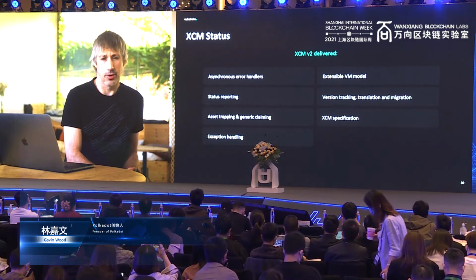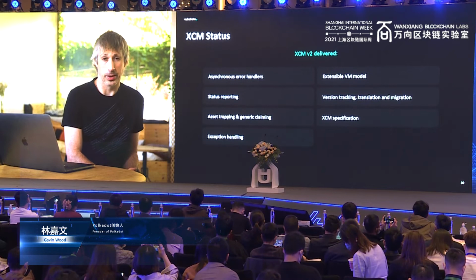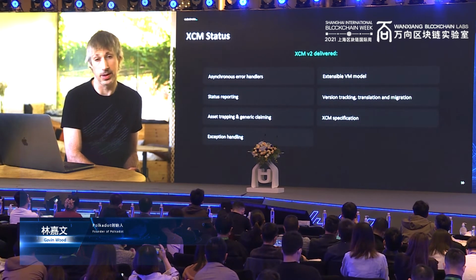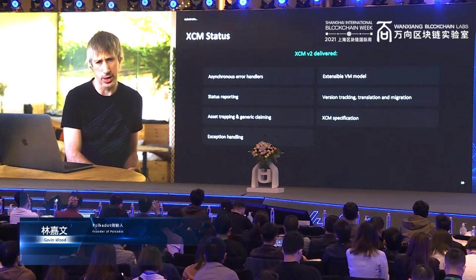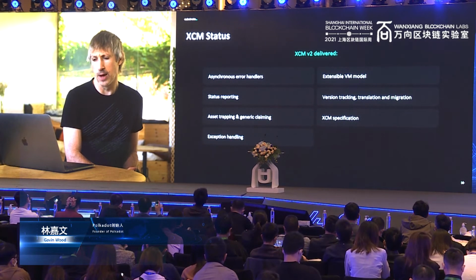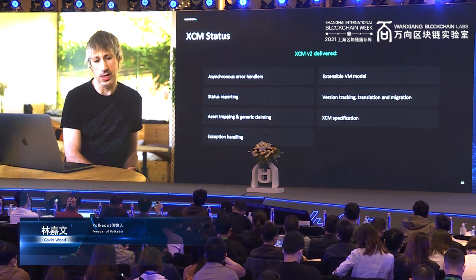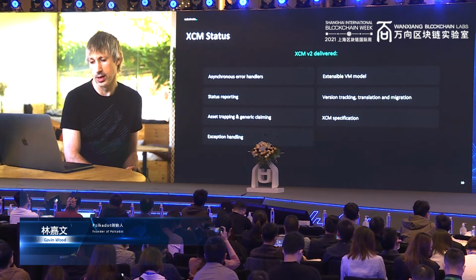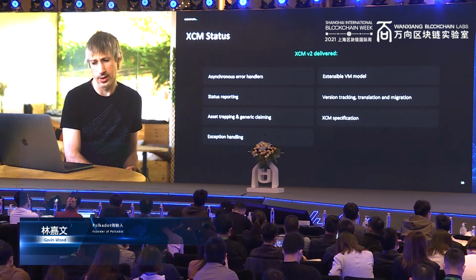In addition to this, there are asynchronous error handlers, allowing for errors that happen within the XCM message on one chain to be handled by code sitting in another chain, usually the sender chain. Status reporting, allowing the status of an XCM execution to be reported to some other destination.